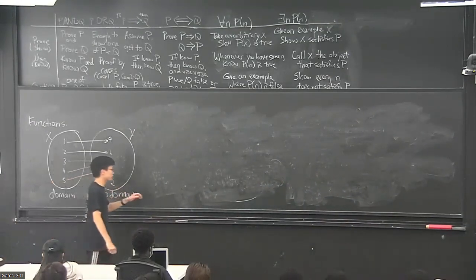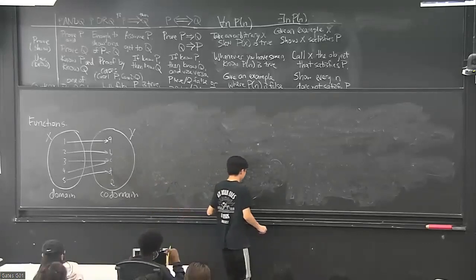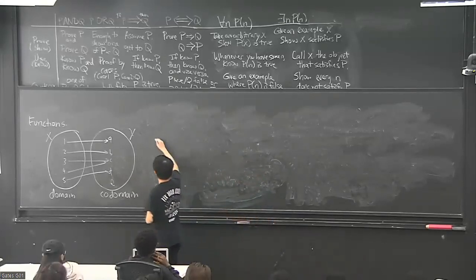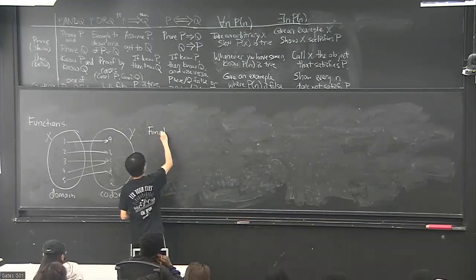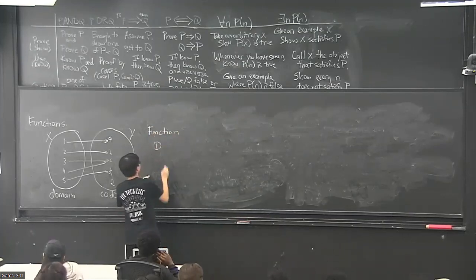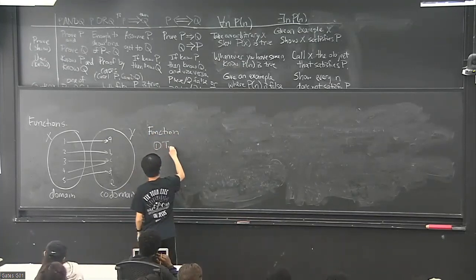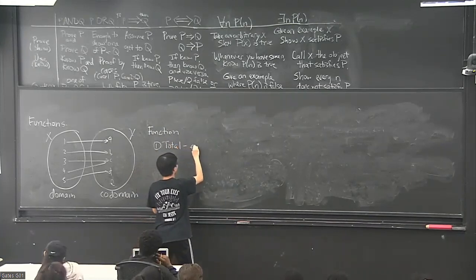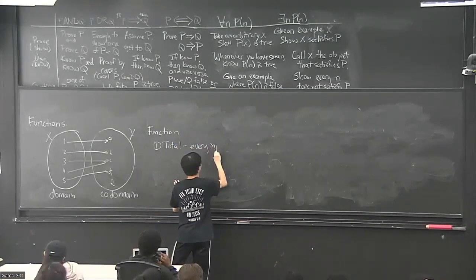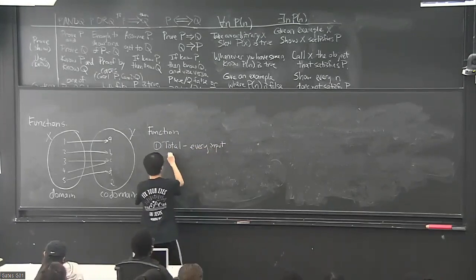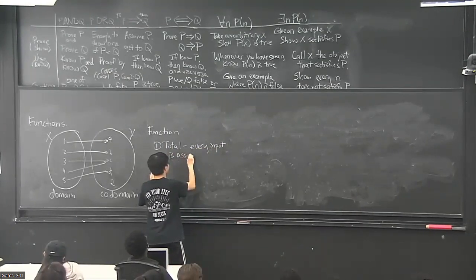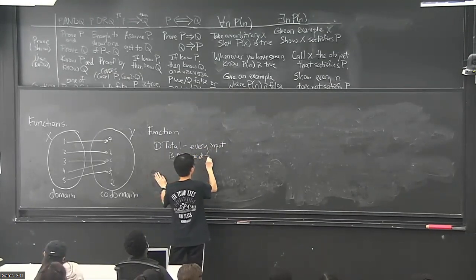There are two requirements for a function. The first requirement is that it has to be total: every input is assigned to some output.